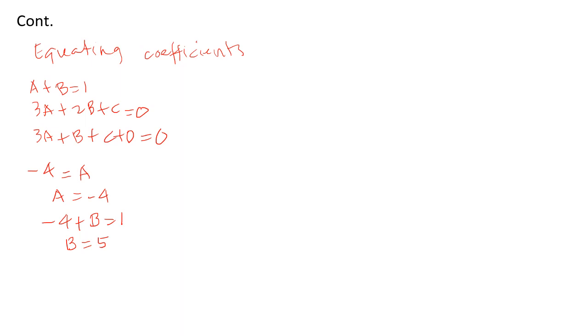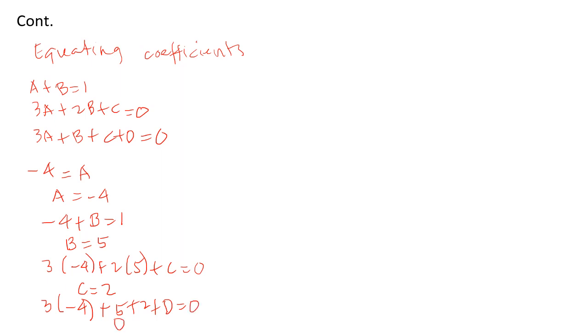Or you have that 3(-4) + 2 times 5 + C equals 0, so C equals 2. Then you have that 3(-4) + 5 + 2 + D equals 0, so D equals 5.